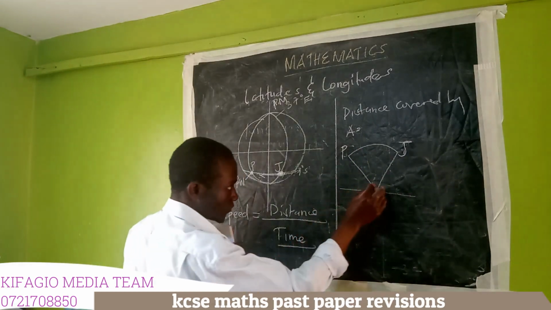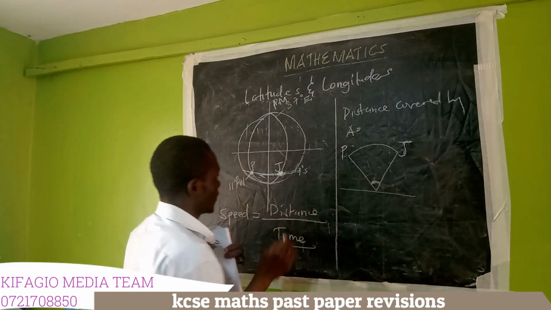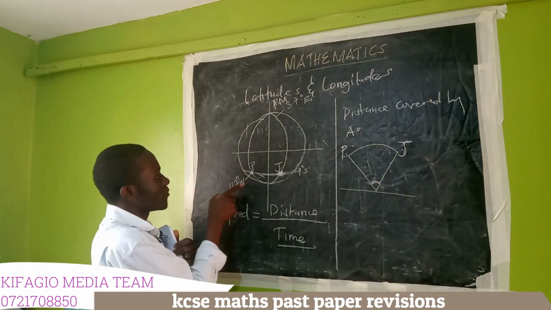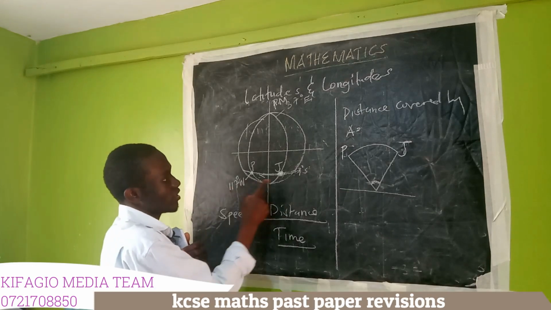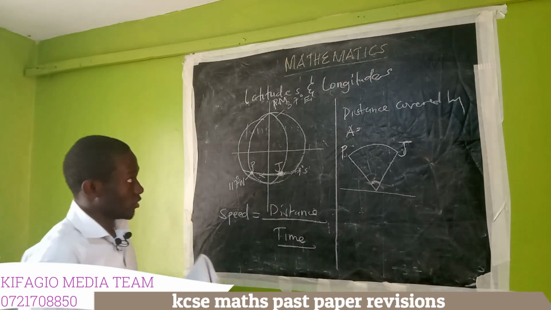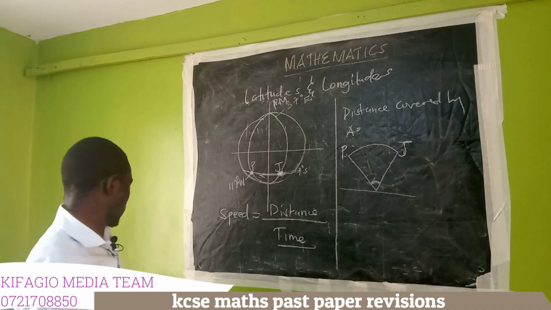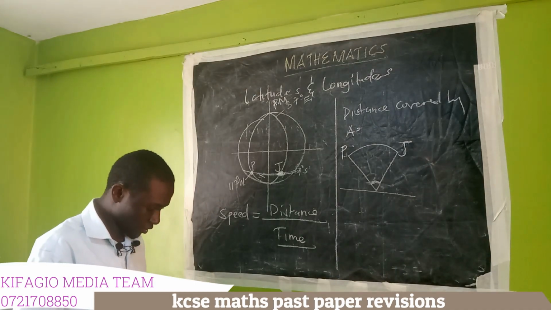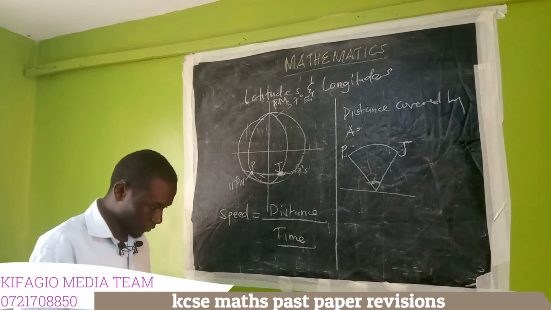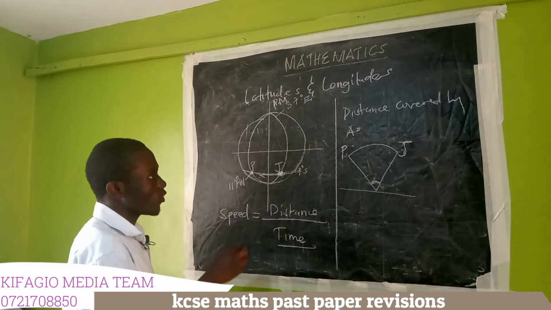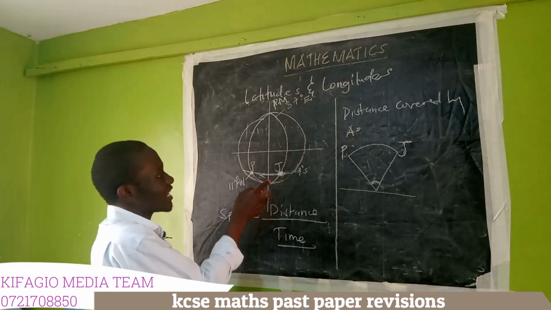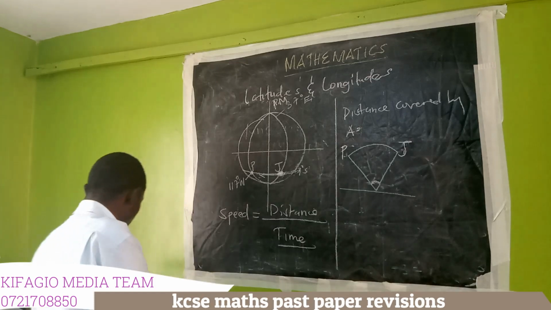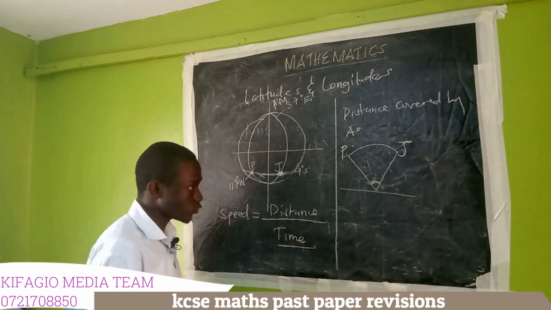So the size of this angle here is going to be the sum of 117 degrees west plus 37 degrees east, which is, let me just use my calculator, 117 plus 37, we're having 154 degrees. So aeroplane A never covered an angle of 154 degrees, but the remaining angle out of 360. So if you take 360 minus 154, we're going to have 206.